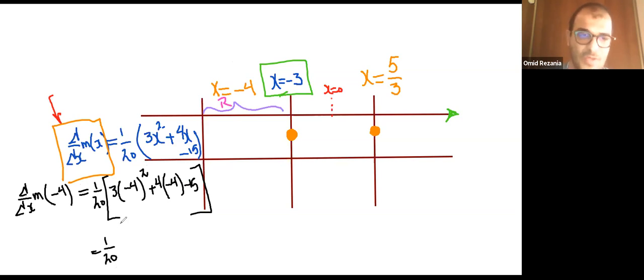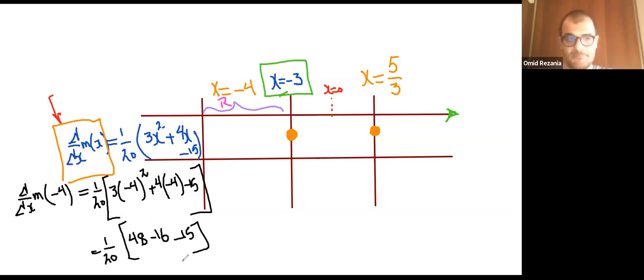It becomes 1 over 20. I have (-4) to the power 2 becomes 16. 16 times 3 becomes 48. I have plus 4 times -4 becomes -16. And I have also minus 15 at the very end.